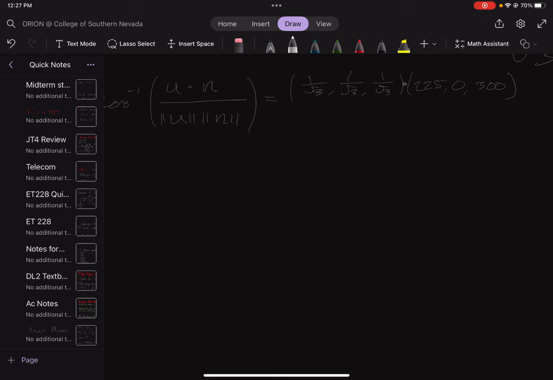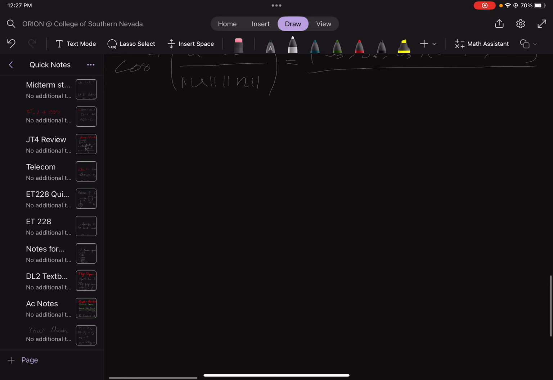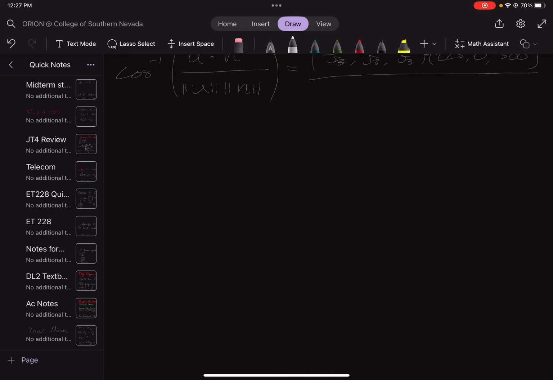Almost put 375 there. All over the magnitude of u and n. And to find the magnitude of n, we need to do that really quick. We already have the magnitude of u. We found that before. The magnitude of u was equal to 1.